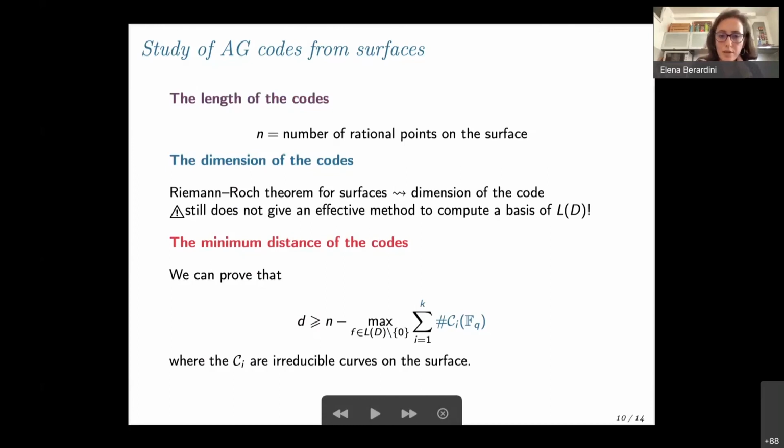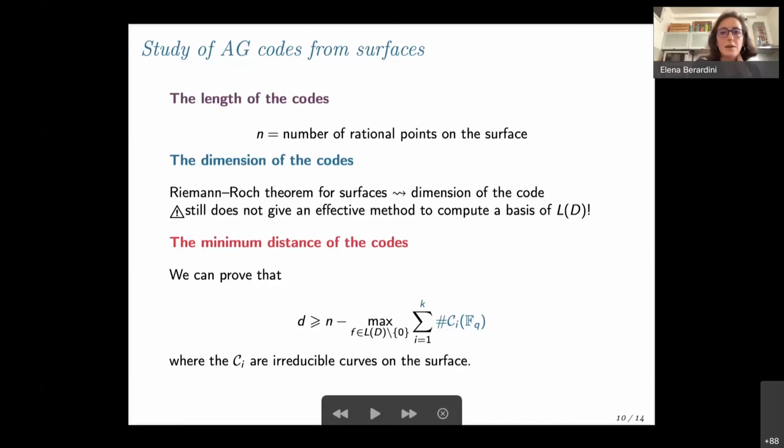But we can also say something about the minimum distance, which is one of the main parameters of the codes that I told you about at the beginning of this talk, because in particular we can show that d is bigger than the length minus a quantity which depends on the number of rational points on some curves that are on the surface.